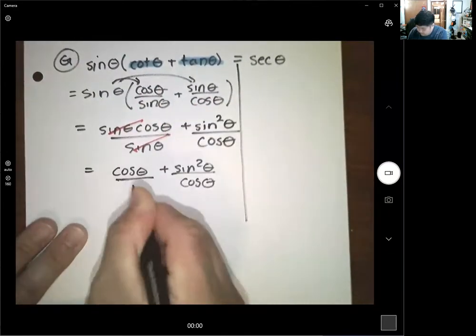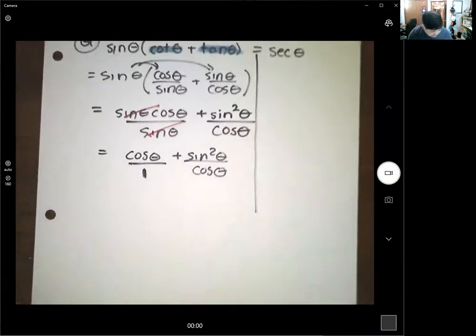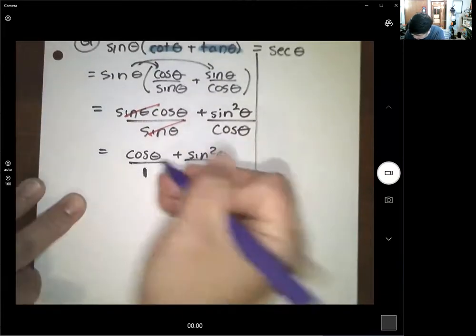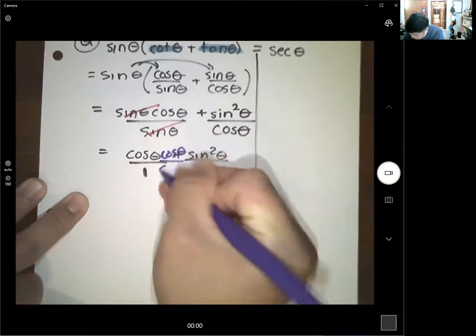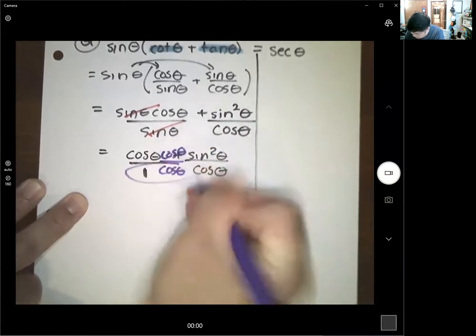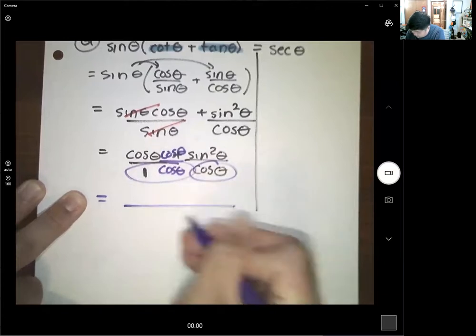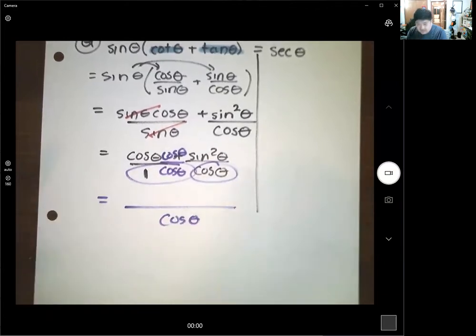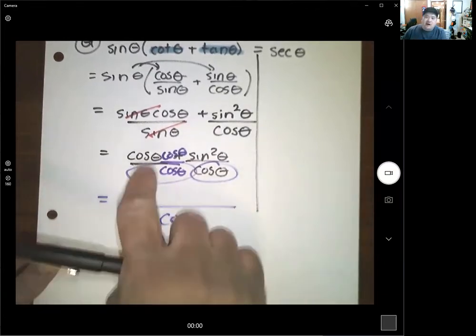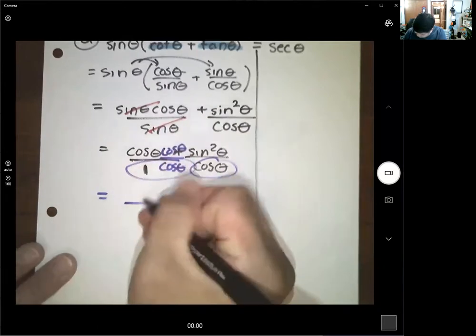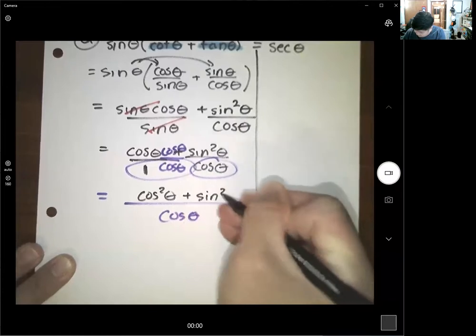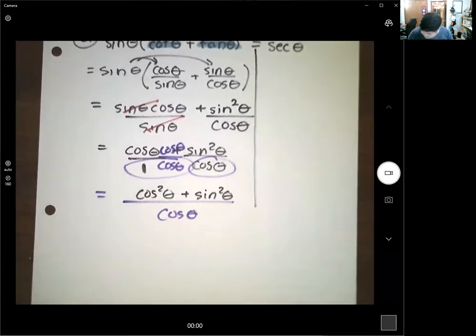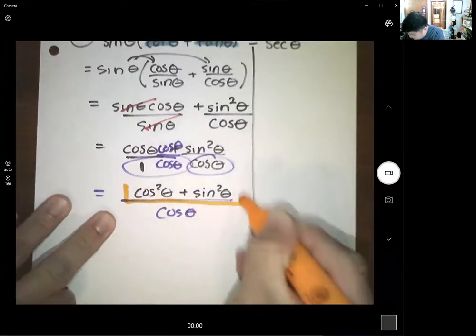So if I write this cosine of theta over 1, then all I need to multiply by now is cosine of theta over cosine of theta. So now the denominators are both cosine of theta. And then in the numerator, I have cosine of theta times cosine of theta, cosine squared theta, then plus the sine squared theta. But this is a Pythagorean identity.